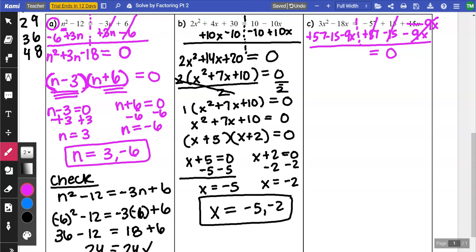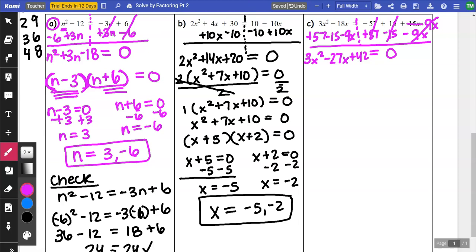Then on the left side, we're going to go ahead and simplify this and combine our like terms. 3x squared doesn't have a like term. Negative 18x minus 9x can be combined to negative 27x. And then 57 minus 15 is 42.